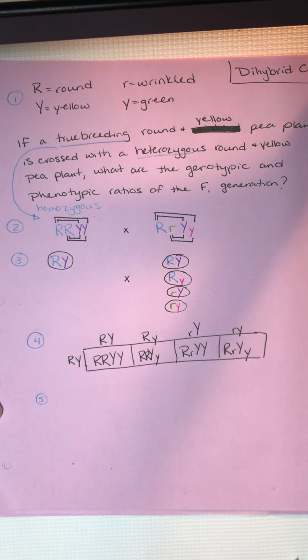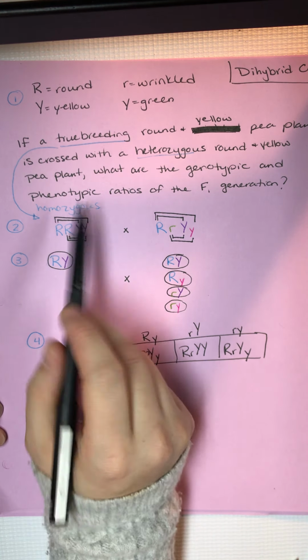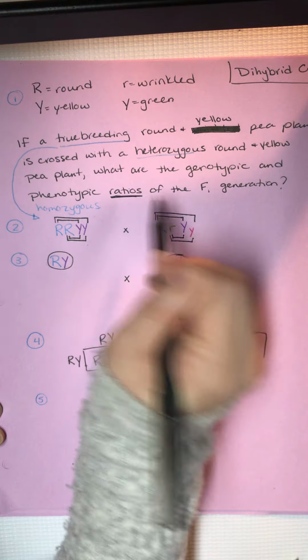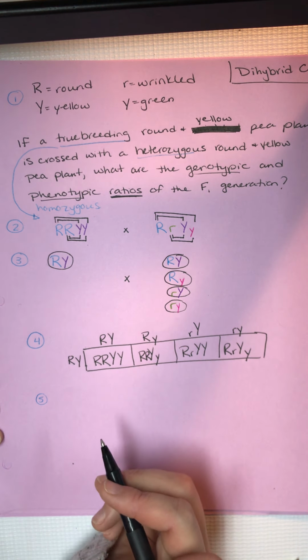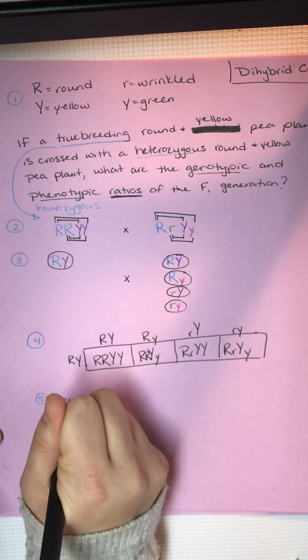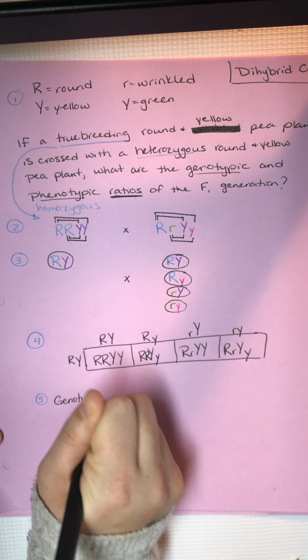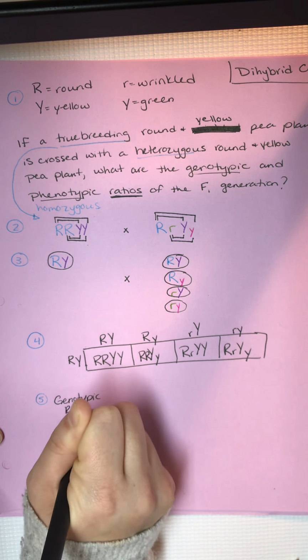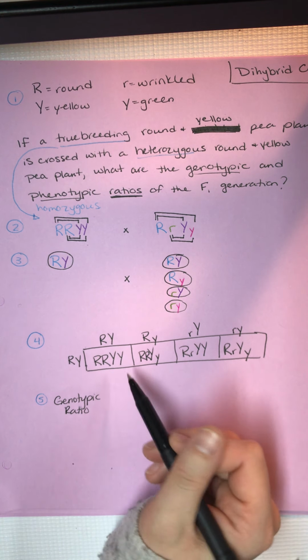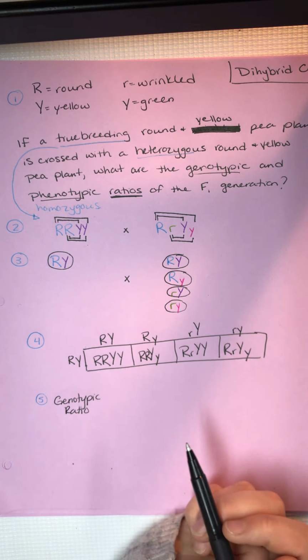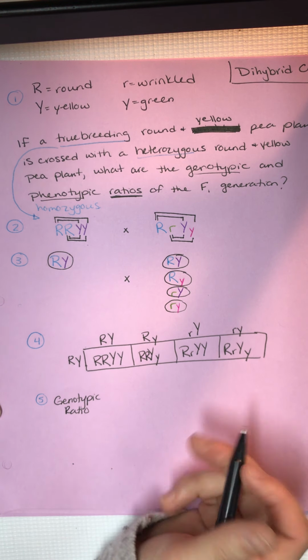Once you have completed your chart, the question now is asking us for the ratios for both genotypic and phenotypic ratios. So we'll do our genotypic first. Always start with your genotypic ratios. Okay, if you look at your chart, you're going to notice that all 4 of these possible genotypes are different.